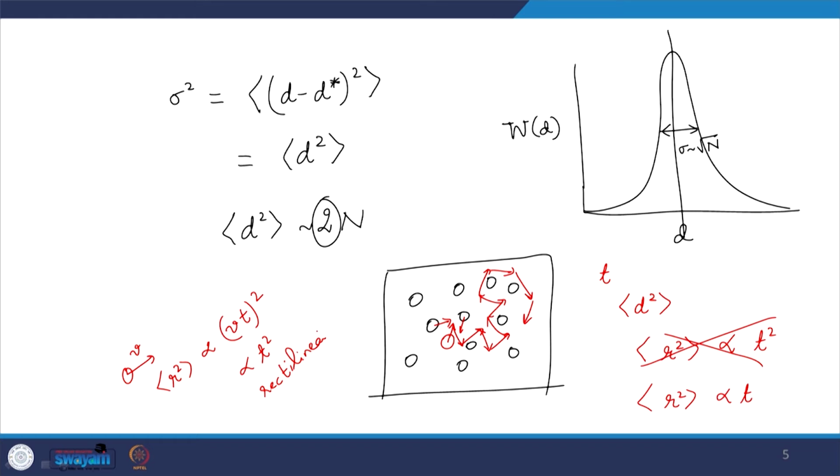When it is undergoing collisions, its direction and velocity keeps on changing, and which gives me the diffusion regime where the mean square displacement goes like number of time steps or the time, just like for the random walker case it was going like the number of steps.